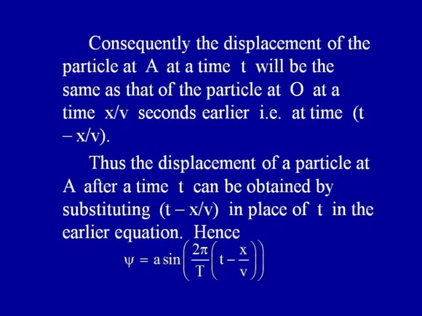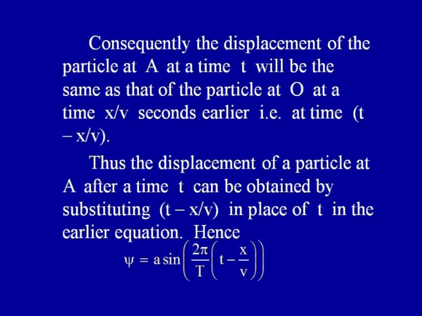There is a constant lagging of phase for a particle at a distance of x. This phase lag is 2 pi by capital T times x upon v. If we write nu for 1 upon T, then this phase lag is 2 pi nu times x upon v or omega times x upon v.